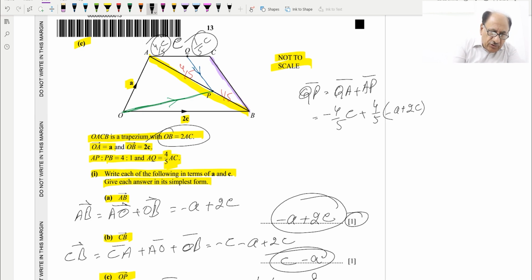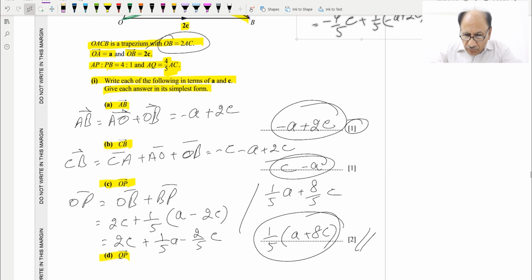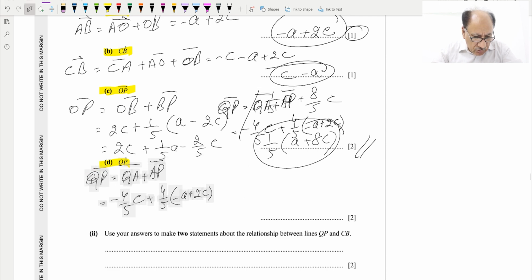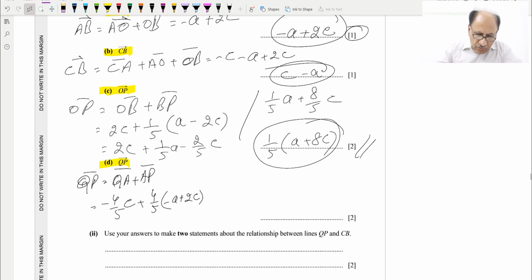And further we need to just simplify this. I will shift this to the proper location so that I solve closer to the drawing and you can understand the route. Now it is just some simplification. We will open: minus 4 by 5C and minus 4 by 5A, and plus 8 by 5C.